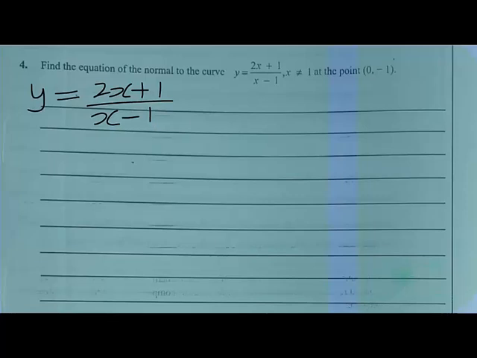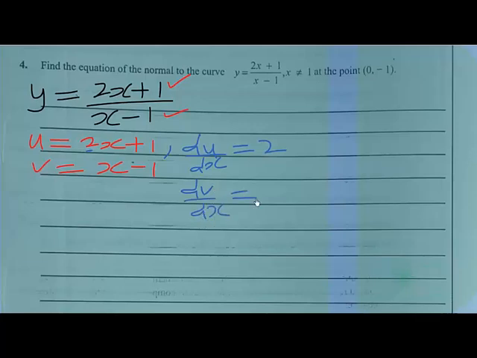So we let u be equal to 2x plus 1, then v will be equal to x minus 1. So if we now differentiate, du dx will be equal to 2, then dv dx will be equal to 1.